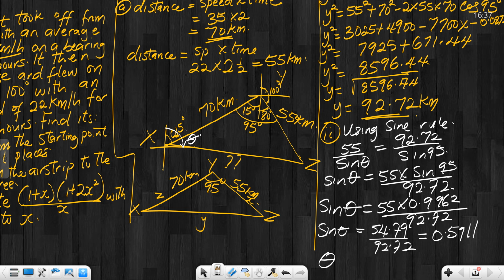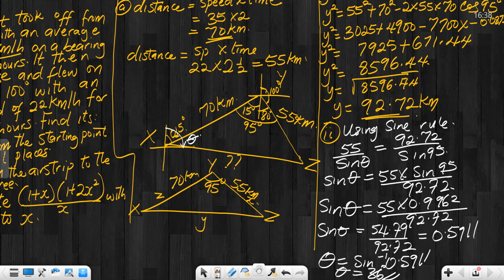Then my theta will be sine inverse of 0.5911. That gives me theta equal to 36.23 degrees. That is my theta. So now we are done with that.